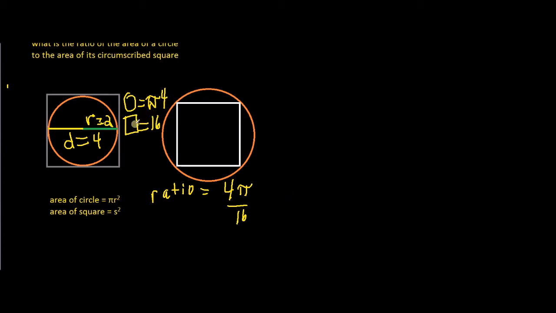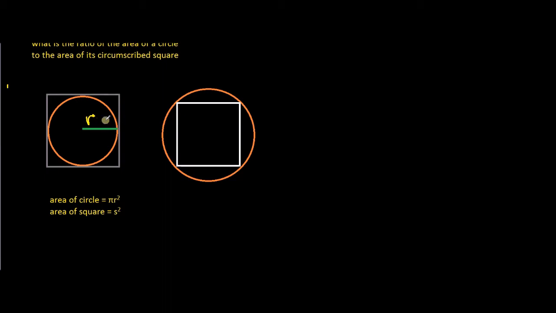So let's look at that really quickly in a generic form. If we take out a number and just call this radius r, then the area of the circle is pi r squared.